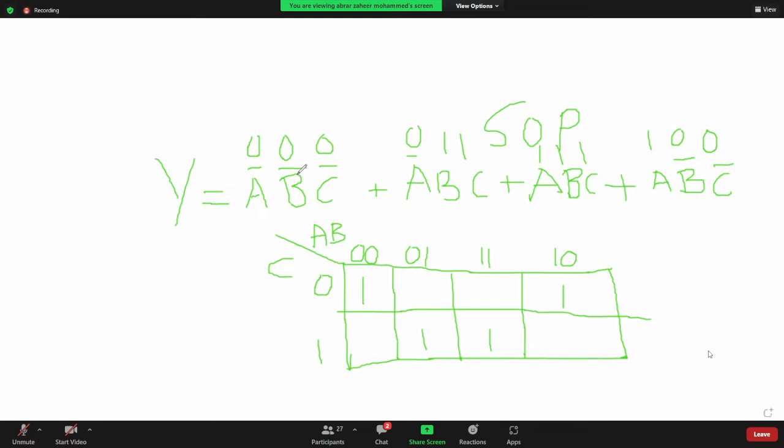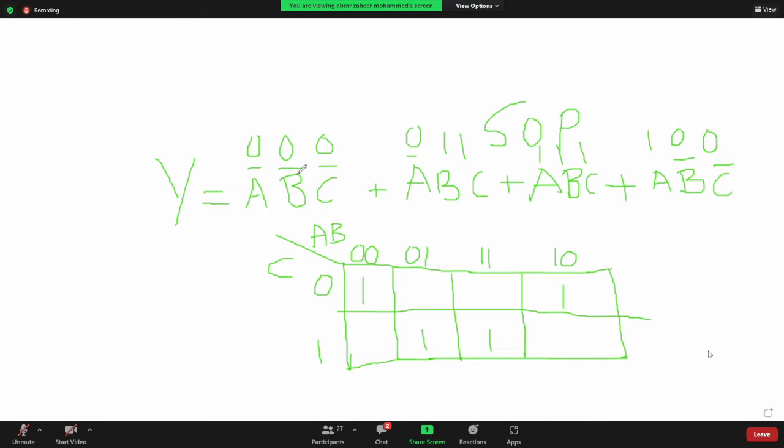If you take here 0 bar, that is 1, 1, 1. So this will become 1. This is already 1, 1, 1, so 1 into 1 into 1. For the product terms, we have to write down 1.